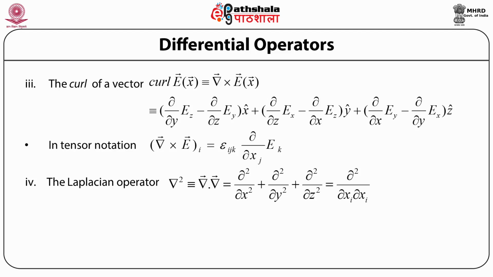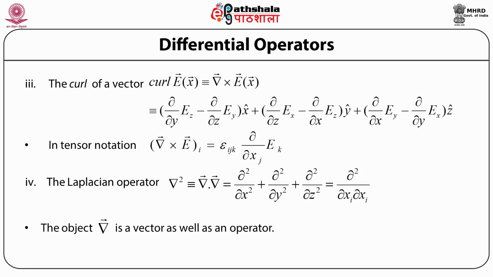So del operator dot del operator is equal to del squared, which is called the Laplacian operator, and this turns out to be equal to del 2 by del x squared plus del 2 by del y squared plus del 2 by del z squared, which is equal to del 2 by del x_i del x_i.